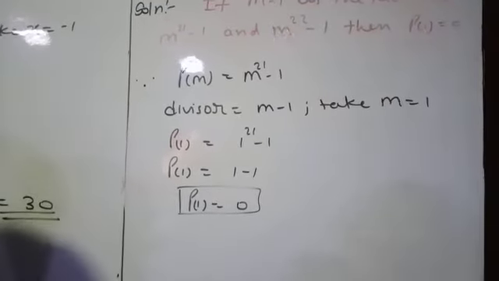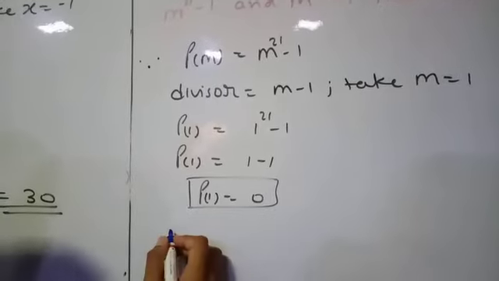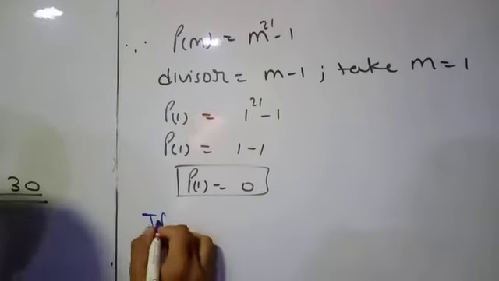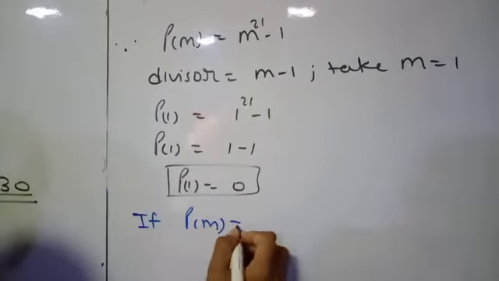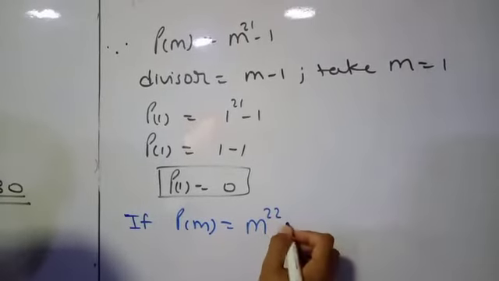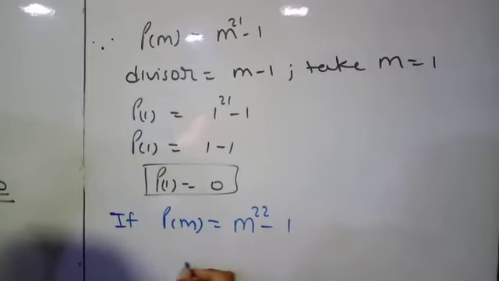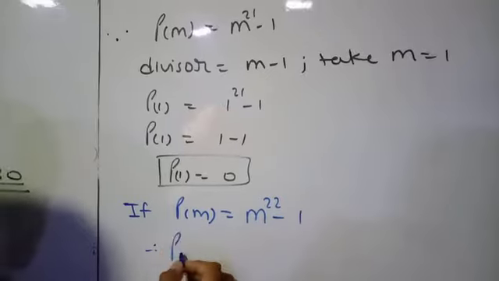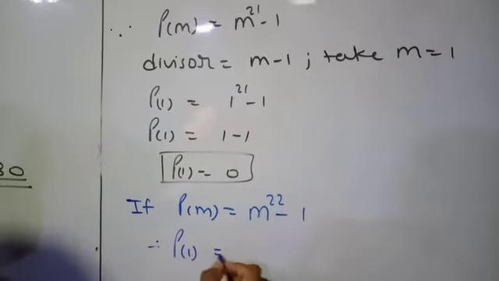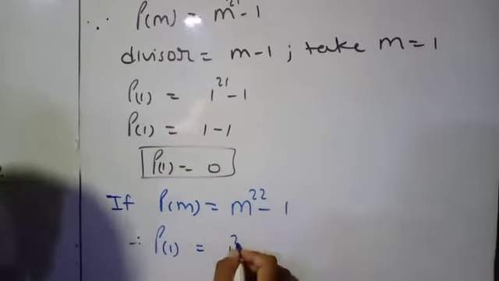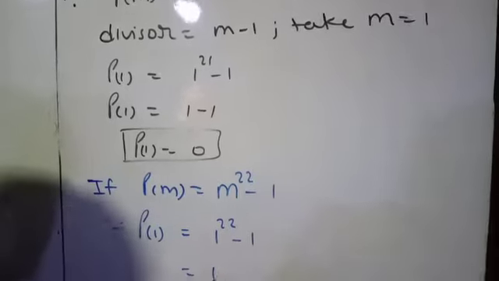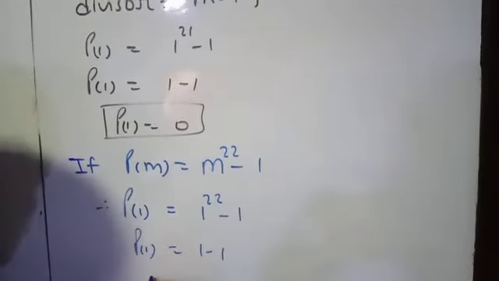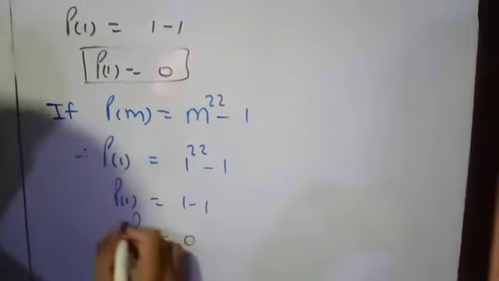So let's check the other one. If p(m) is equal to m raised to 22 minus 1, therefore p(1) is equal to 1 raised to 22 minus 1, which is 1 minus 1. So p(1) is equal to 0.